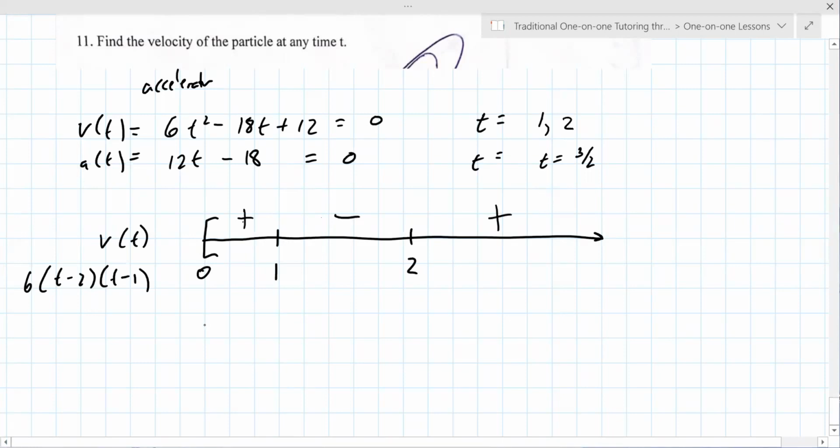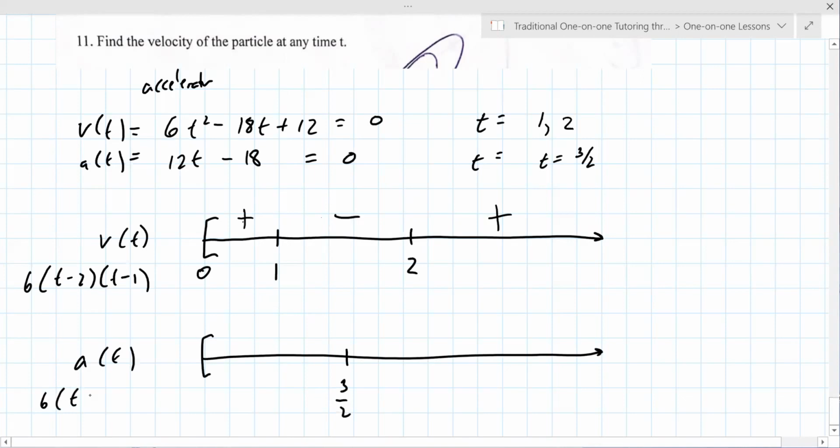All right. Very good. So now for A of t, you want to draw the same kind of sign chart and at least have the position of 3/2 be in the right place relative to the other ones. So I'd like you to look at 6 times t, 2t minus 3, and tell me, is it positive or negative in each of these intervals, please.